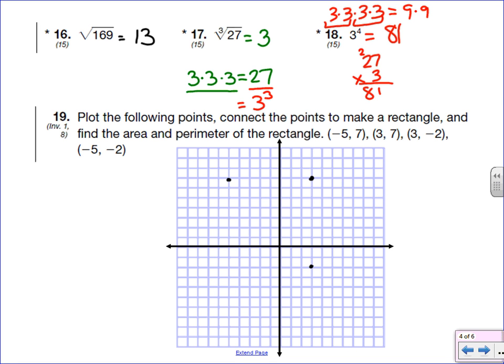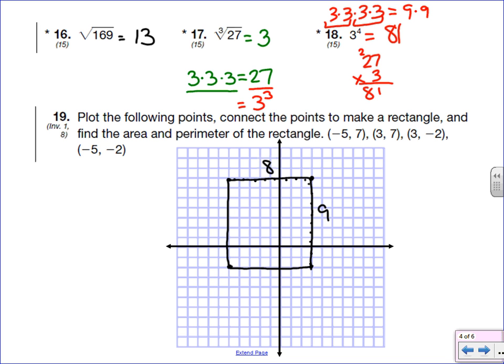And then -5, -2 means to the left 5 and down 2. So if we connect those, we end up with a rectangle. And the sides are 1, 2, 3, 4, 5, 6, 7, 8 by 1, 2, 3, 4, 5, 6, 7, 8, 9.